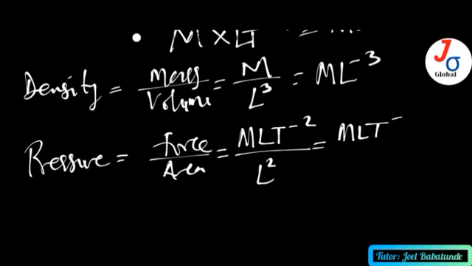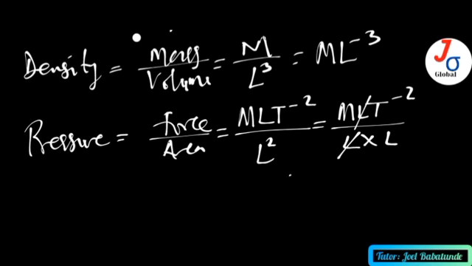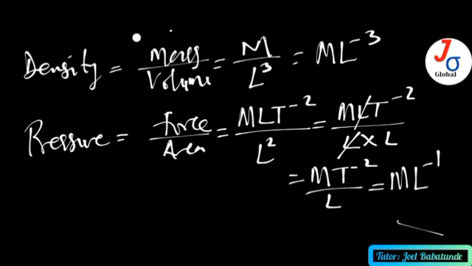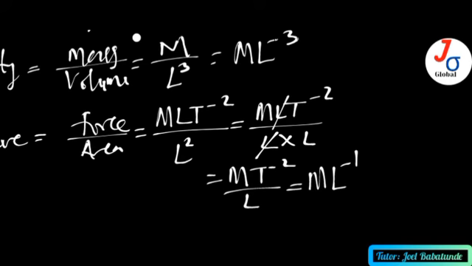So one of these L's is going to cancel out. L cancels L, so I'm left with MT to the power of minus 2 over L. So I would rather rewrite this as ML to the power of minus 1 T to the power of minus 2.